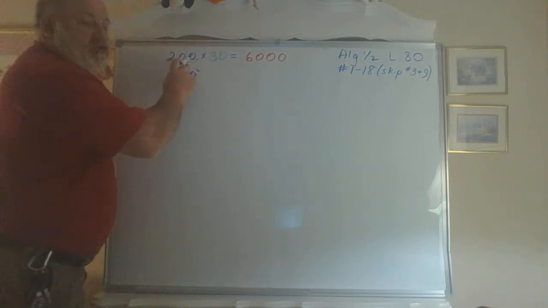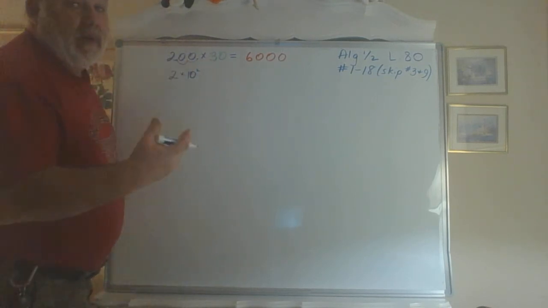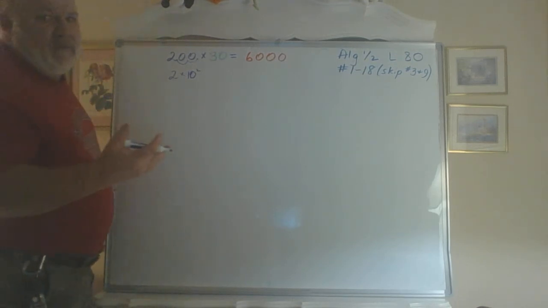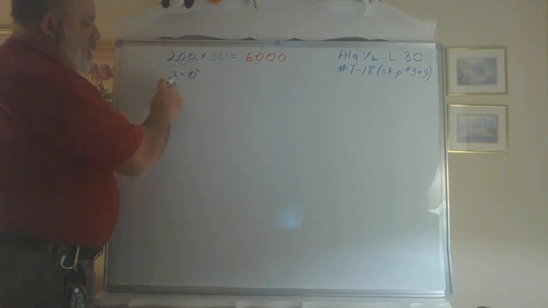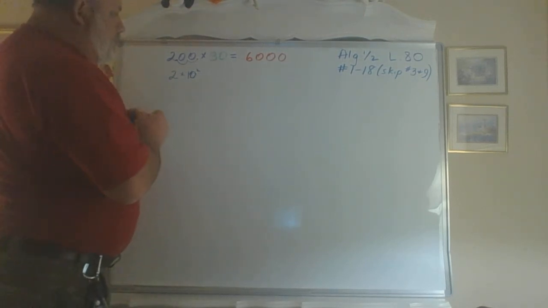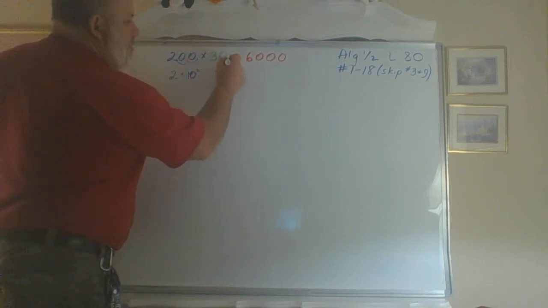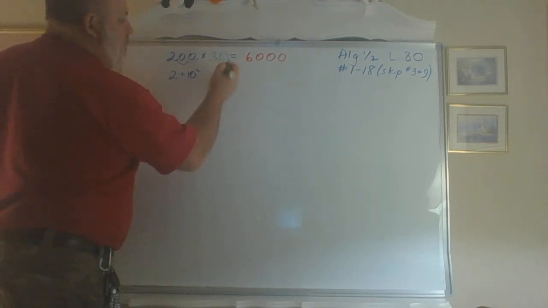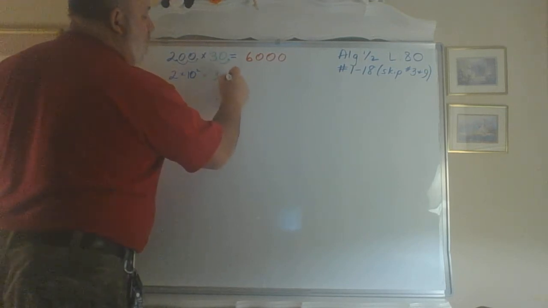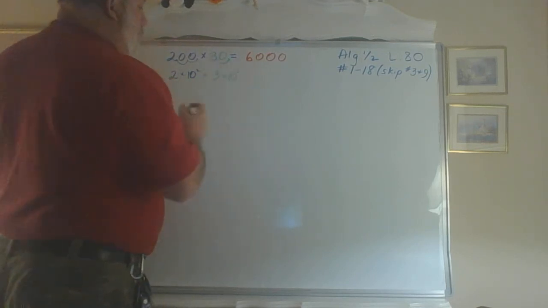I don't write it as 20 times 10. I could. That would have the same value, but it's just not scientific notation. The 30, we're going to move our decimal over one place. It becomes 3 times 10 to the 1.